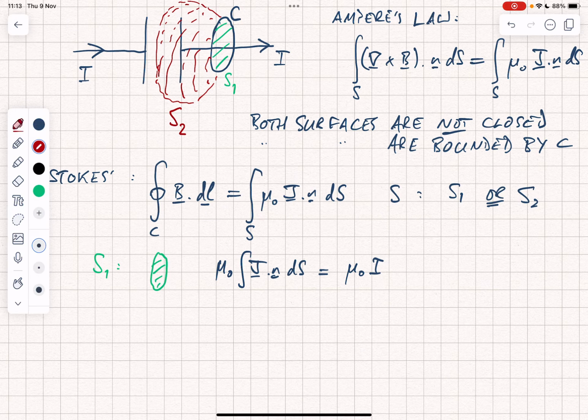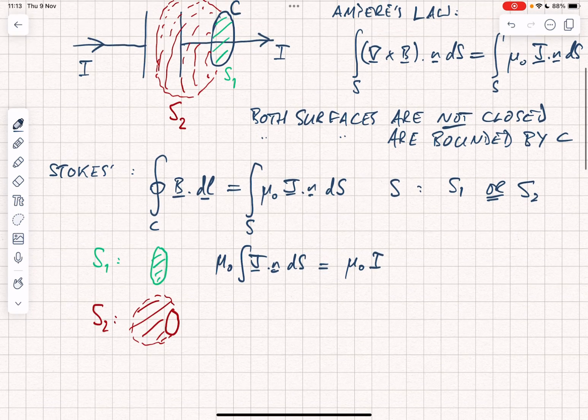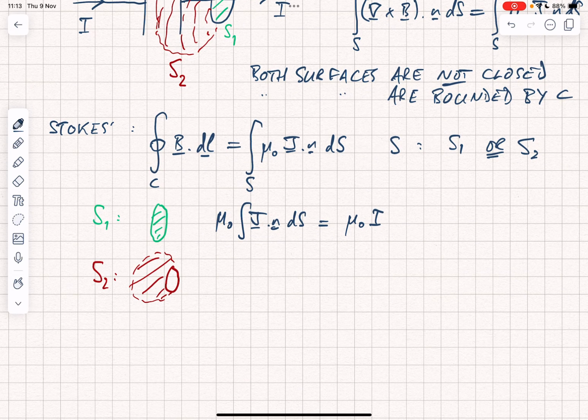However, if we now consider the surface S2, which is this kind of bubbly fellow, like this, where the surface is all over here but not that loop, in this case there is no current crossing that surface. We have blown the surface out so that the wire does not cross through it. The surface encompasses the capacitor plate, so there is no current.